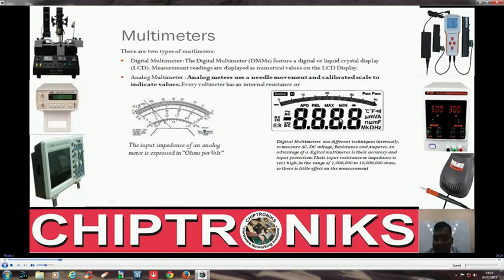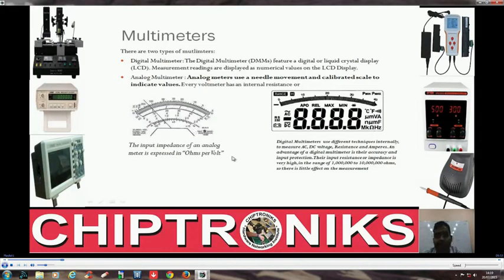In the digital multimeter, this is a digital multimeter, you will have an LCD display. Assume everybody is using a DMM, the digital multimeter. It has an LCD where the values are shown, whereas in an analog multimeter you will have a needle which turns according to the values, right?